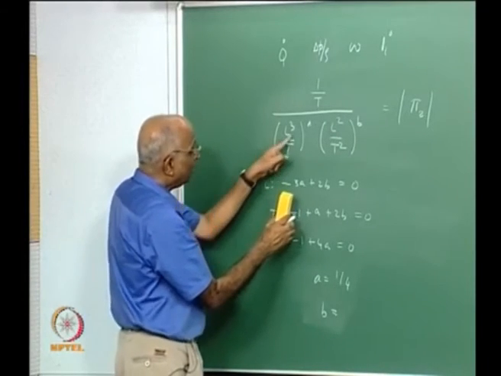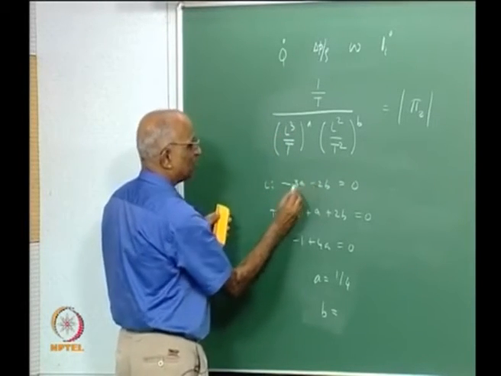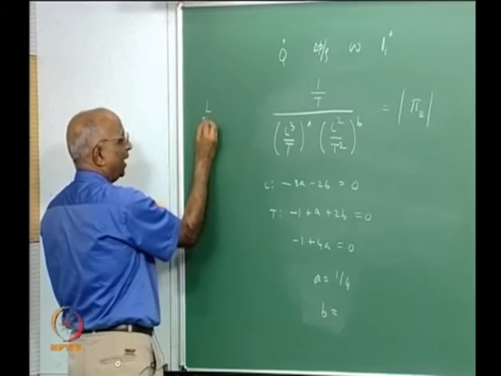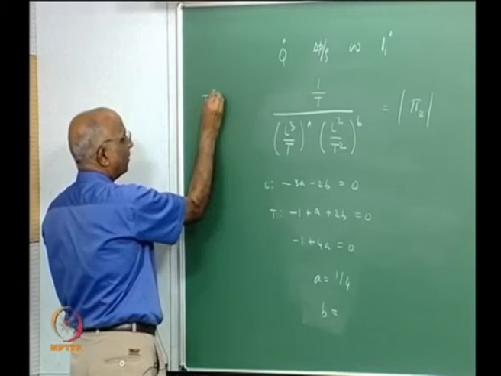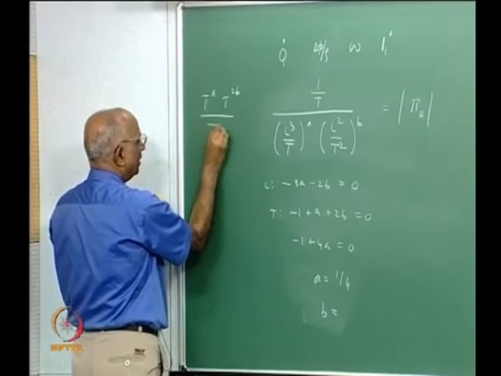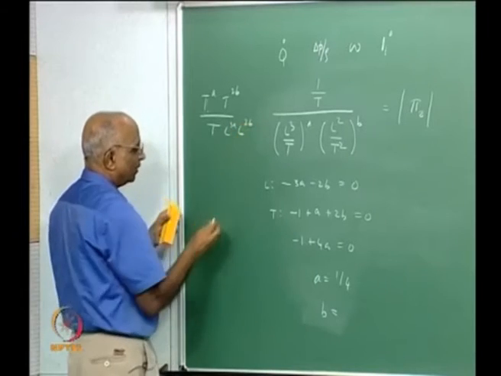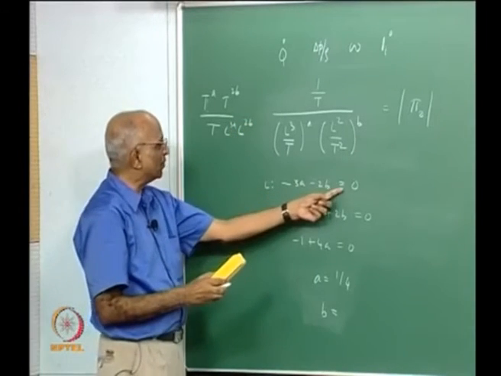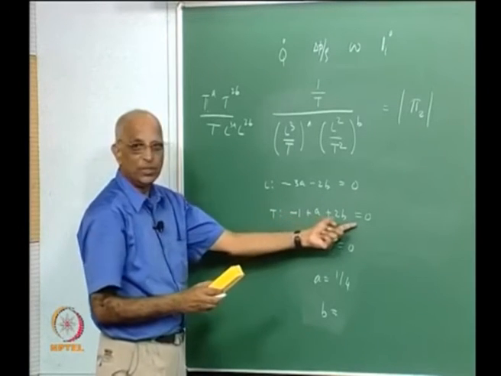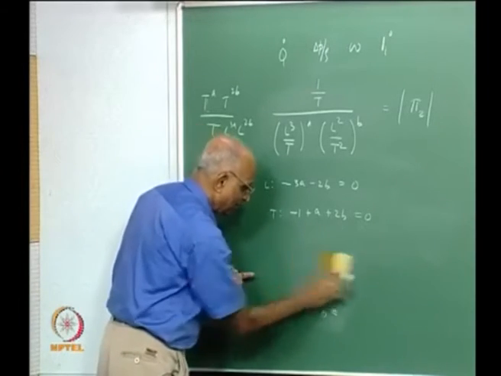It is at the denominator, so minus 3a minus 2b, yeah, you are right, because I swallowed a step: I have t to the power a into t to the power 2b divided by t into L to the 3a, L to the 2b. Therefore, it is minus 3a minus 2b is equal to 0, and the next one is minus 1 plus a plus 2b is equal to 0, and therefore we should redo this.